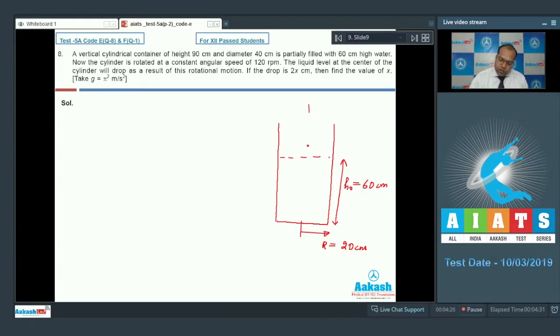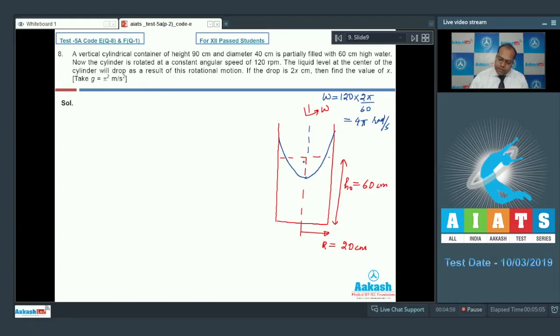When this cylinder is rotated with some angular velocity omega, where omega is given as 120 rpm, so 2 pi divided by 60, it comes out to be 4 pi radian per second. Then the level of liquid in this cylinder will be like this.